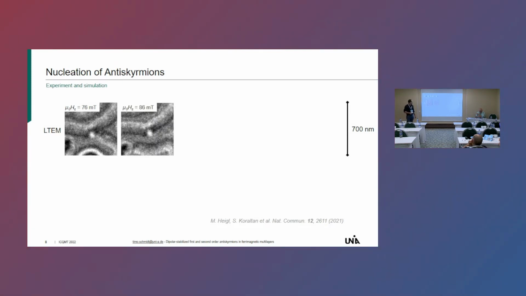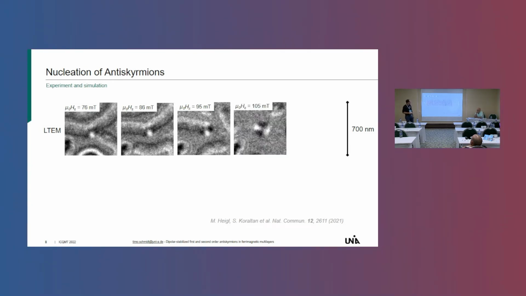If we increase the magnetic field, you can see that this domain wall detaches from there and leaves. Another increase in magnetic field shows that another domain wall will lose its grip on that structure, and you can almost see a full antiskyrmion here.